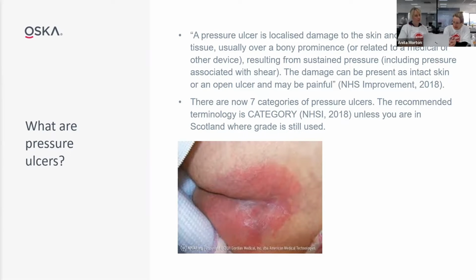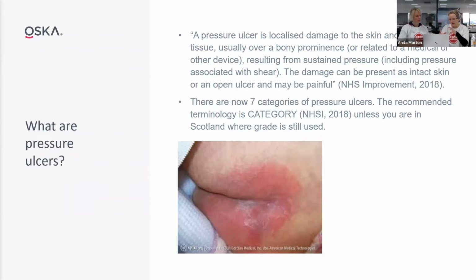There are now 7 categories. Since 2018, we've adopted some additional categories. So you have your normal category 1, 2, 3, 4, unstageable, and we now have a category called deep tissue injury, where we've recognized that there's a point of time between when deep tissue damage happens and when that damage dies off and becomes necrotic.